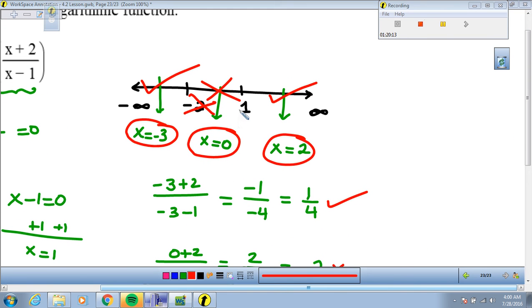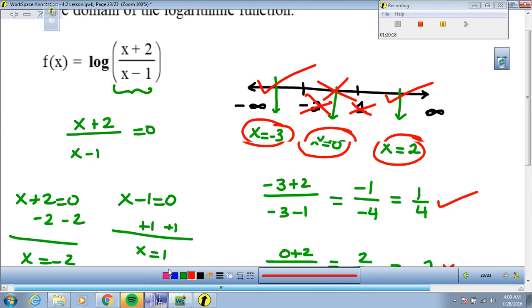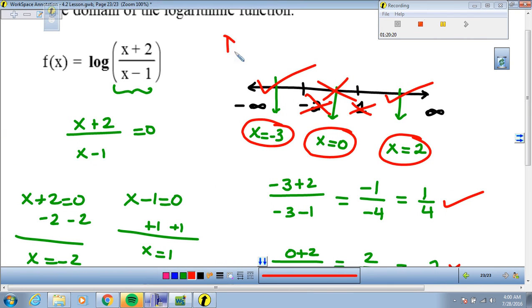It doesn't even go in the domain. So your solution for the domain is from negative infinity up to negative 2 union from 1 to infinity. Okay, excluding the negative 2 and the 1 using that kind of parenthesis.